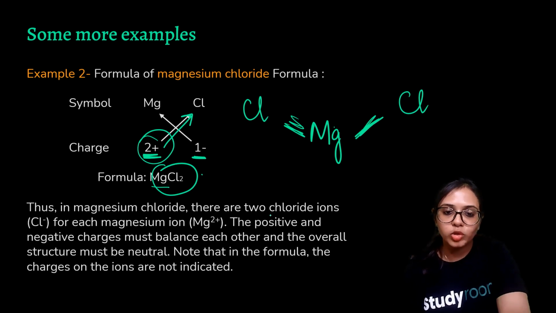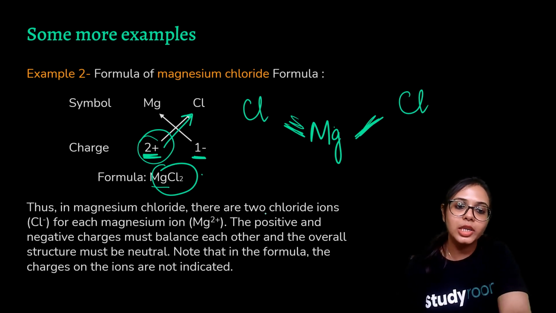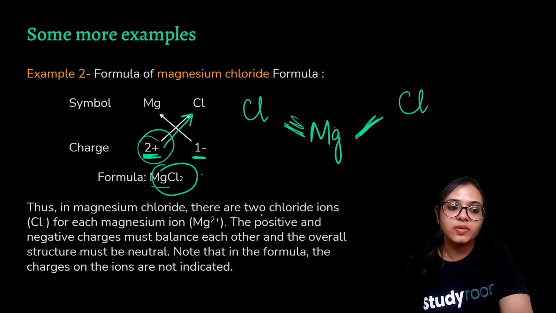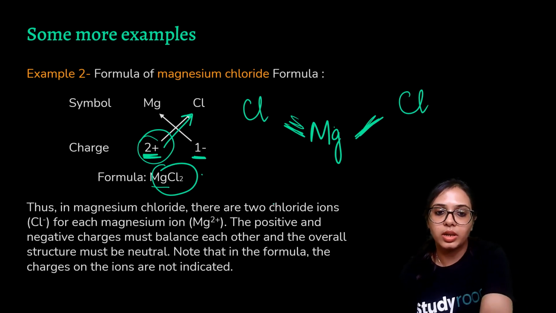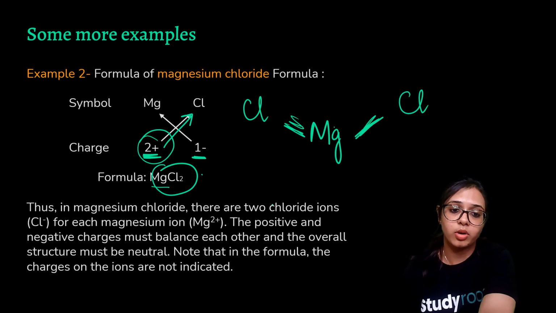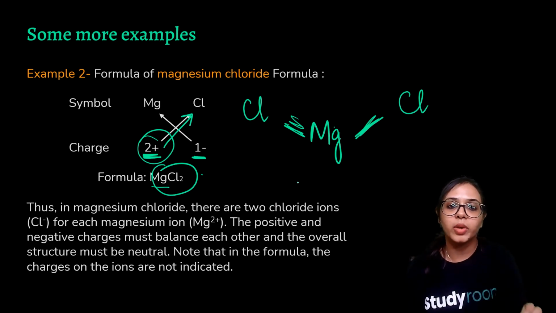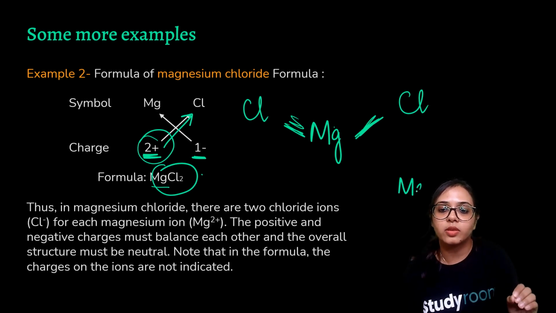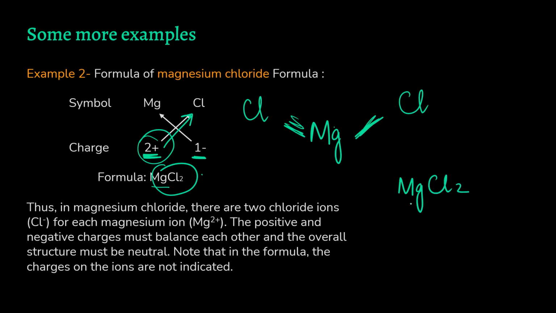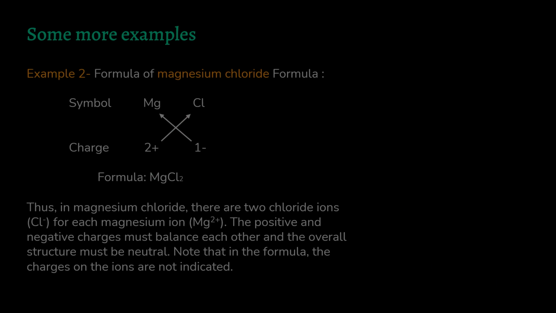In magnesium chloride, there are 2 chloride ions for each magnesium ion, and the positive and negative charges must balance each other, so that the overall structure is neutral. Note that in the formula, the charges on the ions are not indicated. This is very important. When you are writing the final formula, there must be no charges written. You just need to write the simple formula of magnesium chloride, that is MgCl2.